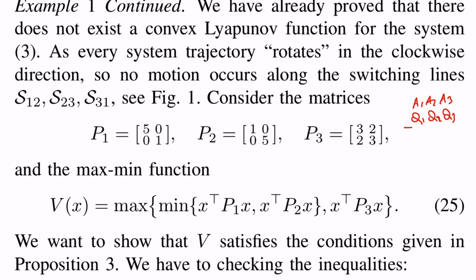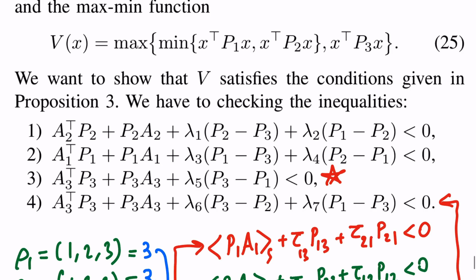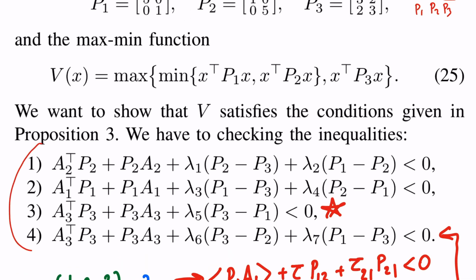And we would have P1, P2, and P3, from which you construct your Lyapunov function. And let's consider that is the structure we impose on the Lyapunov function that we're trying to compute. And when we have that structure, these are the LMI conditions that we need to satisfy, right?